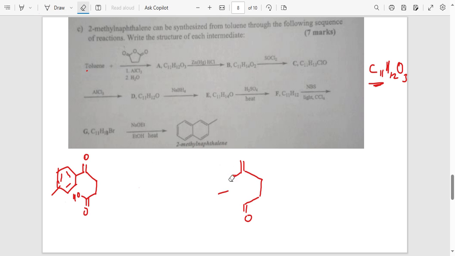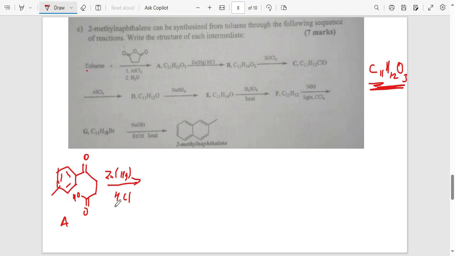You can even count the number of atoms that you have, including the number of hydrogens, to see if it balances with this formula. You can count that and you see it will. So this is the structure A. Now we are reacting this structure A with zinc in mercury, and then hydrochloric acid.